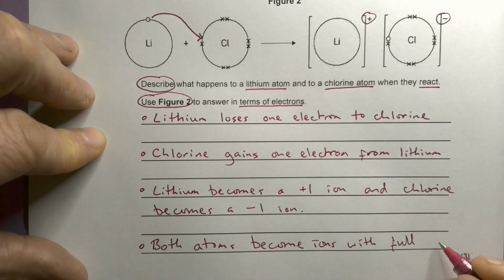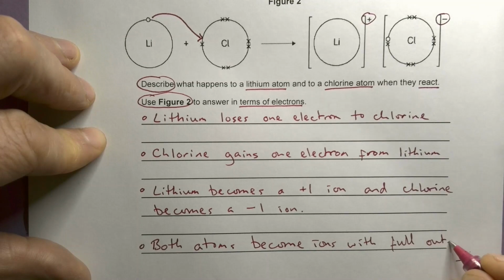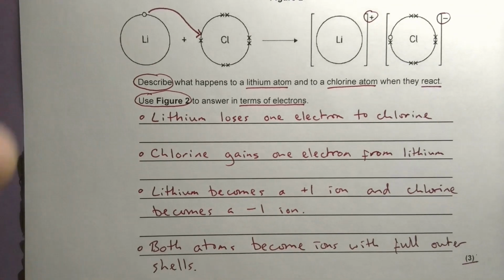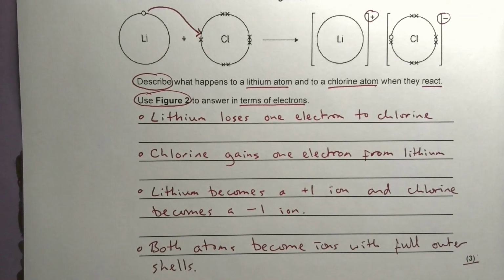Well, in fact, they've got full outer shells. Okay, and that's what they want to do. I say want, but they don't decide, it's not an active decision on their part. But atoms are most stable when they have full outer shells. Now, for lithium, that means getting rid of its very outer shell, and then its next shell will be full.